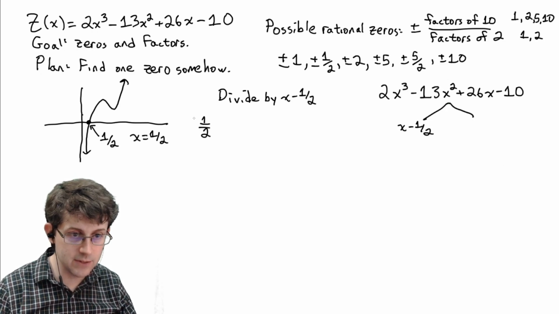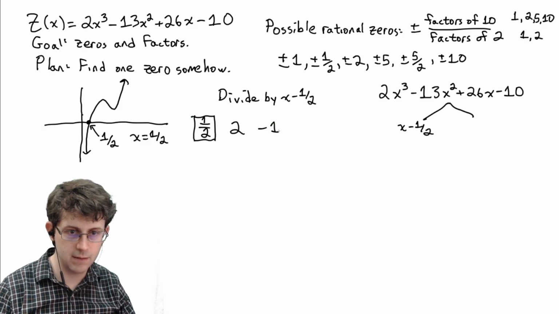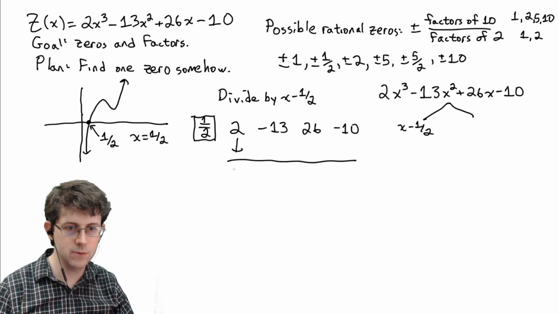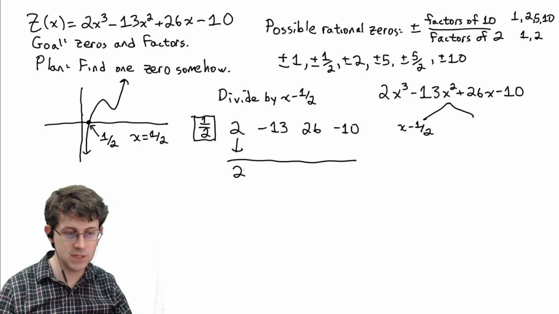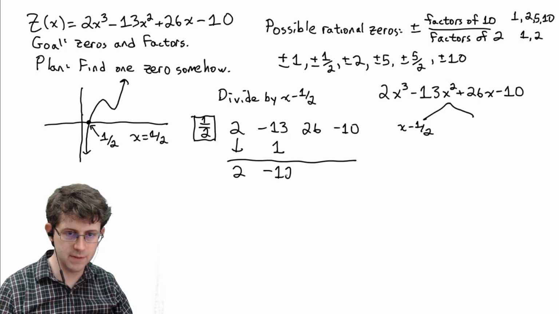Let's do it. I can do synthetic division, which is nice. Bring down the 2. Multiply a half times 2. A half times 2 is 1. Add, get negative 12. Multiply a half times negative 12, that's negative 6. Add. Multiply a half times 20, that's 10.